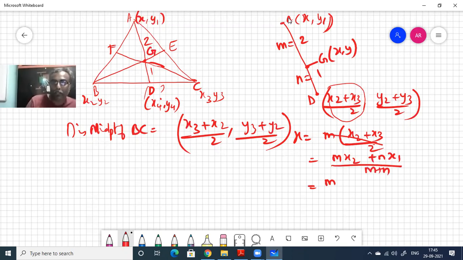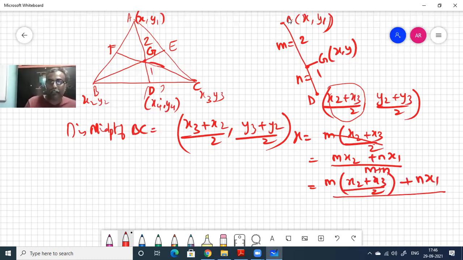M into, what is X2? X2 itself is X2 plus X3 by 2. Okay. And plus N into X1. So whole divided by M plus N. Okay. M is 2, M plus N is 3. So 2 into X2 plus X3 by 2 plus 1 into X1 divided by 3.